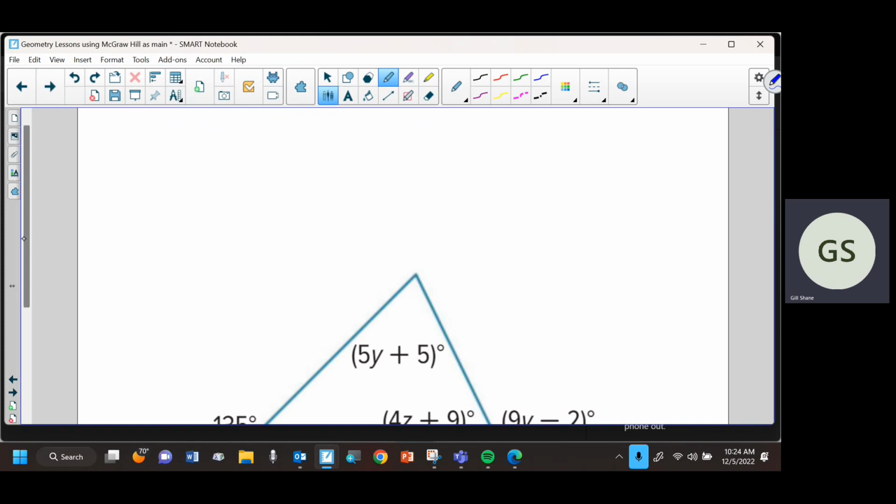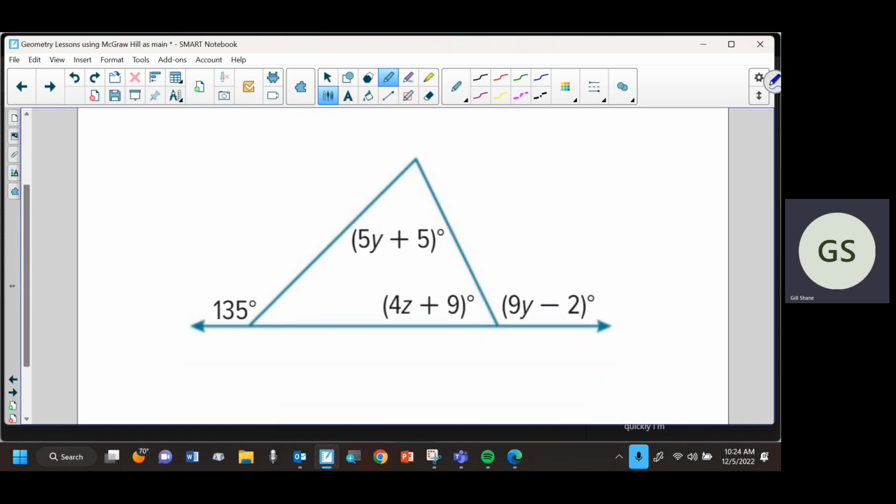So here's the problem, just really quickly. I'm not going to solve it out. This is the one where you did have to understand that the exterior angle adds up to 2 interior angles. Otherwise, normally you could say, okay, these 2 need to add up to 180.